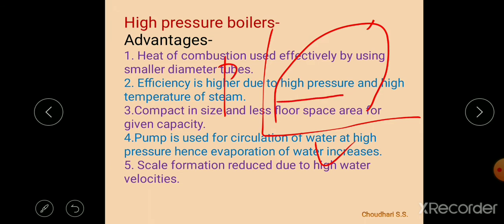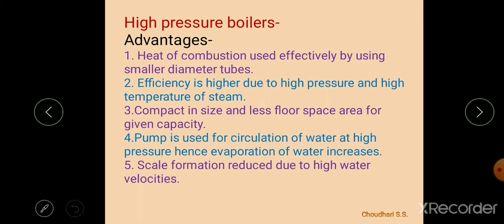This is the liquid to vapor phase change. As we move to higher pressure, these lines become smaller, meaning less heat is required at higher pressure levels to convert water into steam. So high pressure means less heat is required, so efficiency is more because less fuel is required to generate the steam at high pressures. At lower pressure, more heat is required to change the phase as compared to higher pressure. This is the benefit of the high pressure system.